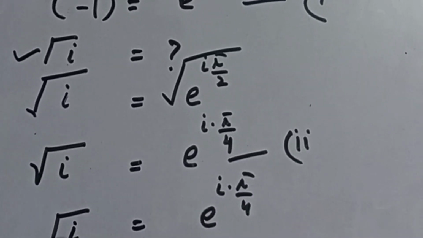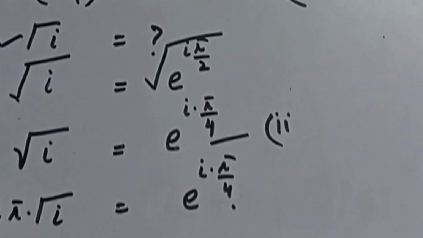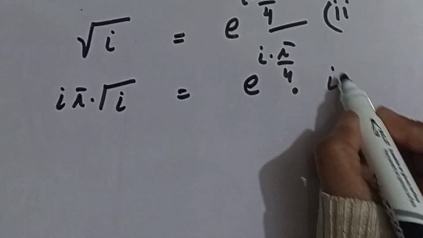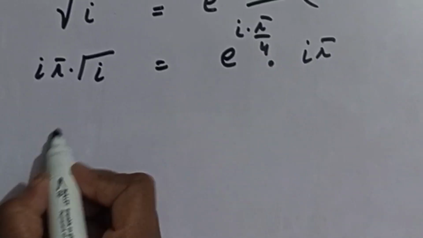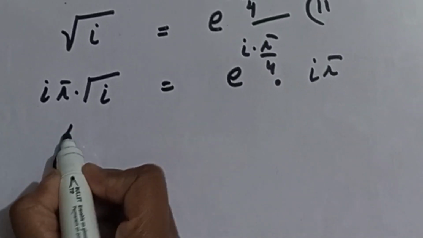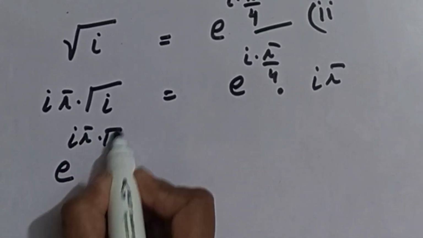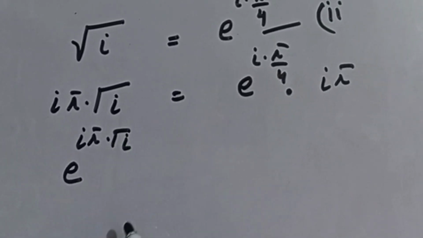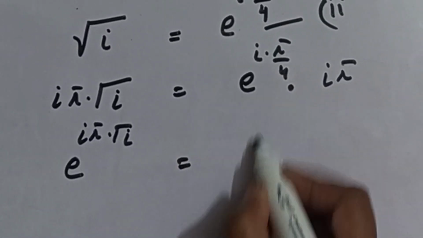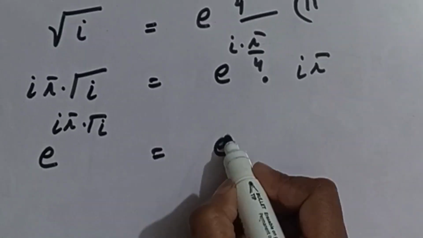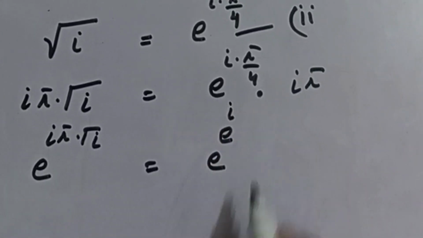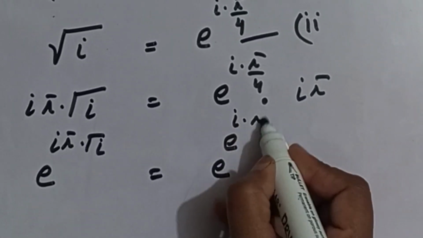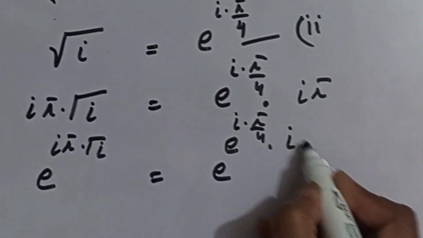Multiply this side by iota pi, and also multiply the other side by iota times pi. In the next step, we write this side as e raised to the power iota times pi multiplied by iota multiplied by square root iota. This is equal to e raised to the power iota multiplied by pi over 4 multiplied by pi times iota.